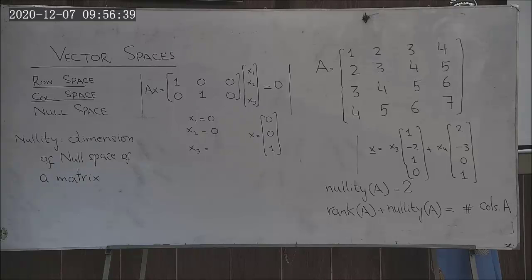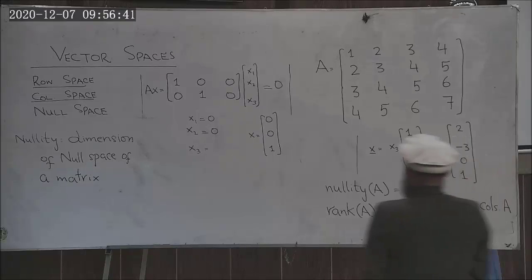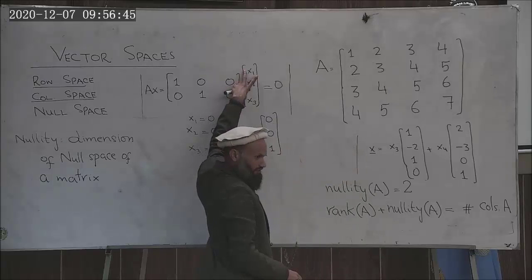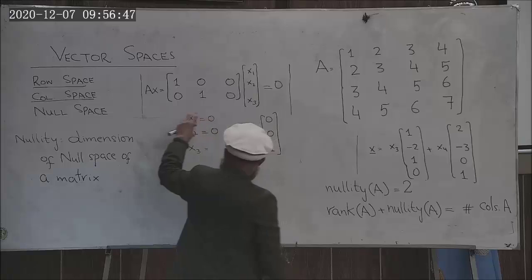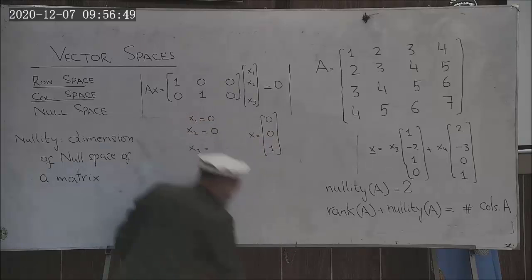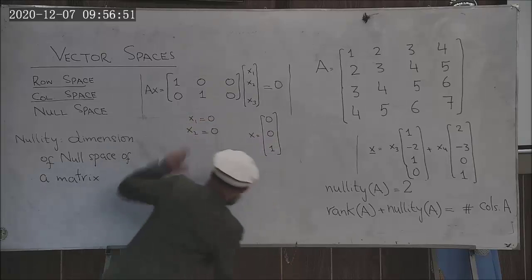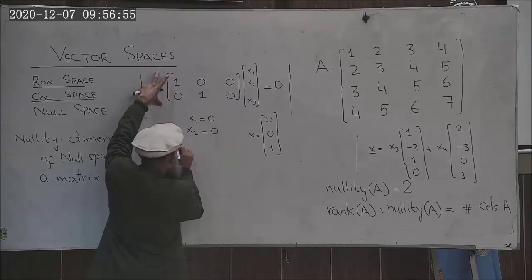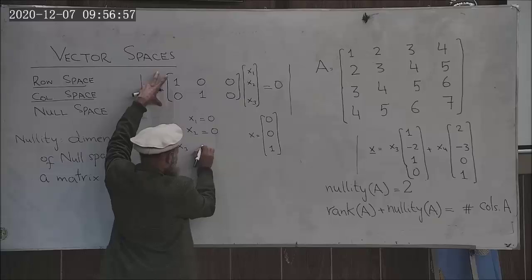The dimension of the null space: you find the maximum number of linearly independent vectors. So this is a solution to this system of equations. What is x3? x3 is any real number.